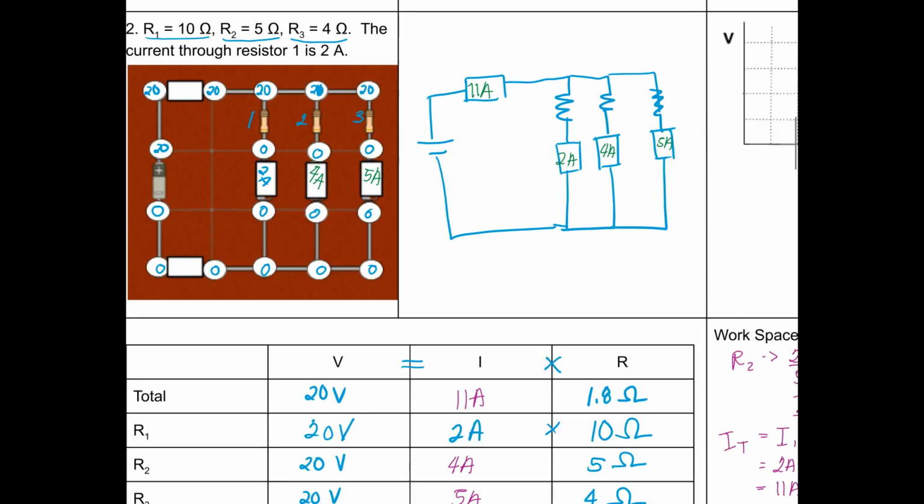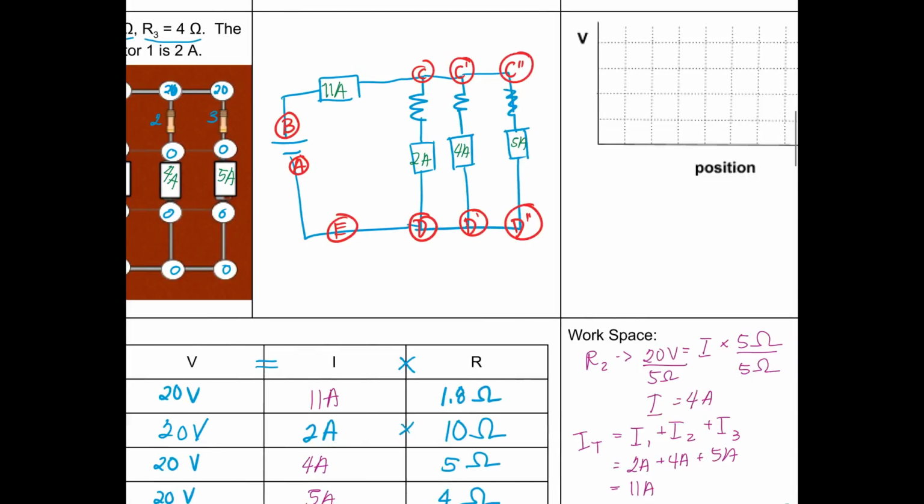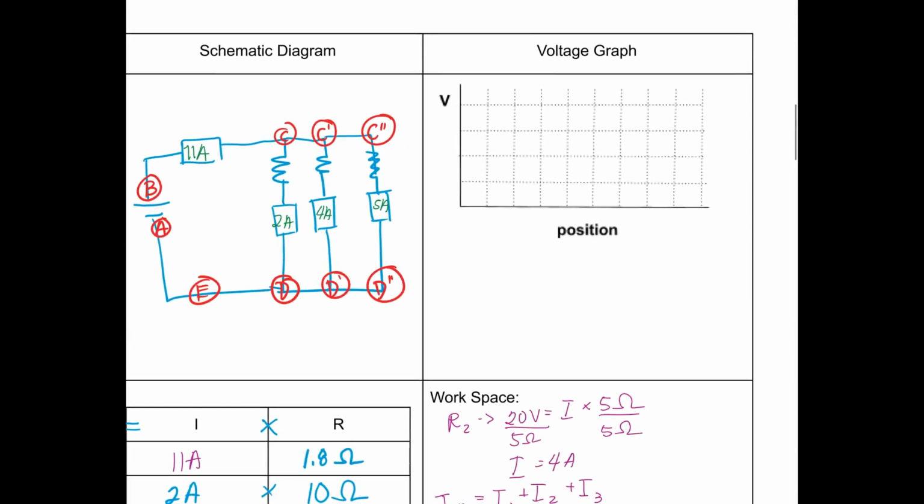And so next we're going to do our labeling. So this is going to be A, B, and then C, C prime, C double prime, and then at the end, D, D prime, D double prime, and then when they come back together, we'll have E. All right, and now our voltage graph.